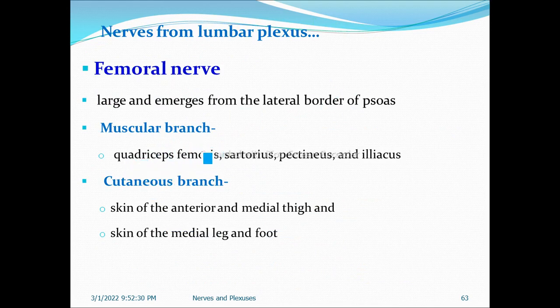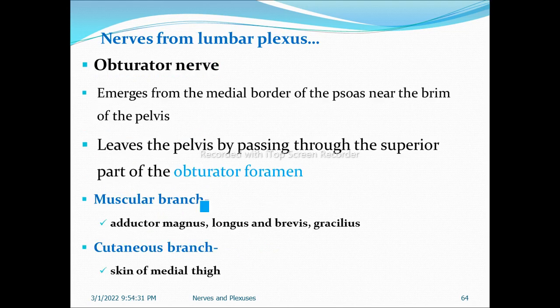Quadriceps femoris includes rectus femoris, vastus lateralis, vastus intermedius, and vastus medialis. Sartorius, pectineus, and iliacus muscles are supplied by the motor branch of the femoral nerve, whereas the skin on the anterior and medial thigh, the skin on the medial leg, and the skin on the medial foot is supplied by the cutaneous or sensory branch of the femoral nerve.